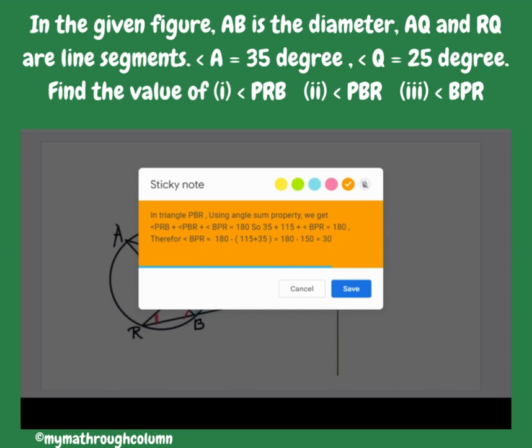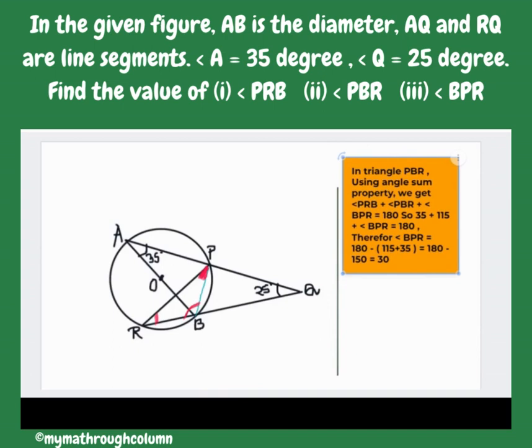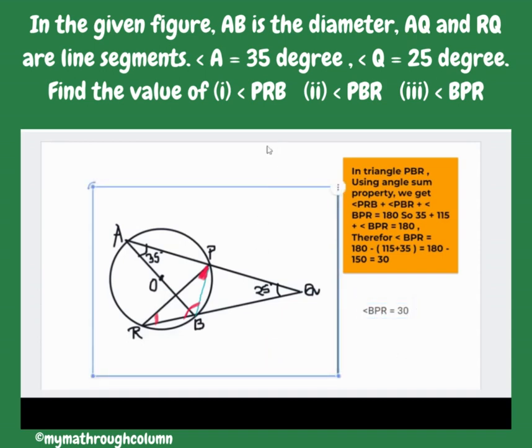We can solve this equation to get BPR as 30 degree. So we have calculated now all the three angles which we were missing.